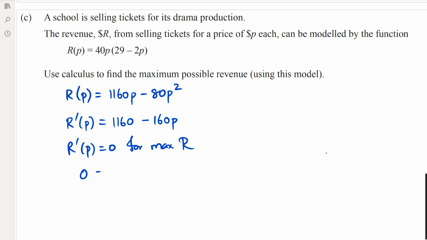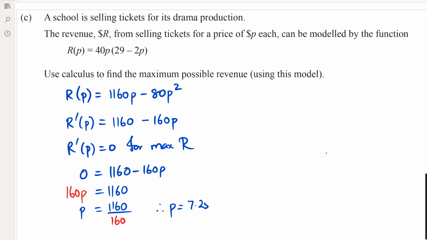So we can actually say 0 is equal to 1160 minus 160P. Rearranging it, we are going to get 160P equals 1160, and then P is equal to 1160 divided by 160, which means P is equal to 7.25.